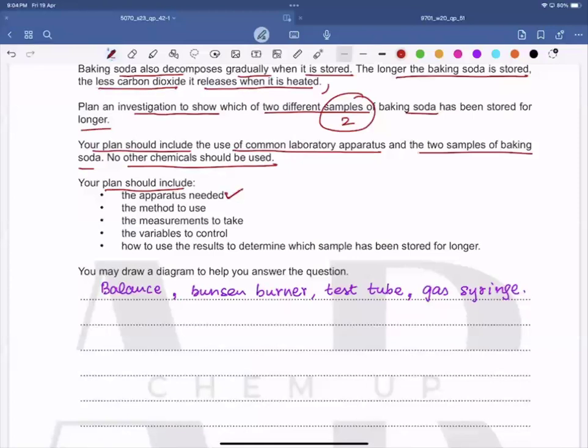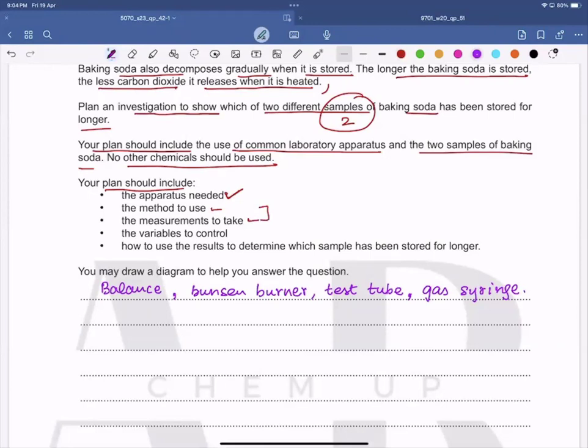Now, in the next one, they ask you the method to use and measurements. Okay. So when we explain the methods, we are also stating which measurements we are doing. So these two are interconnected with each other.